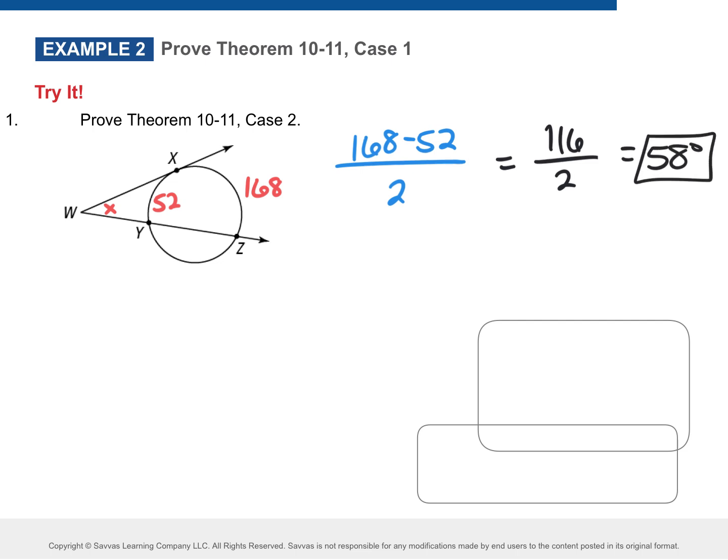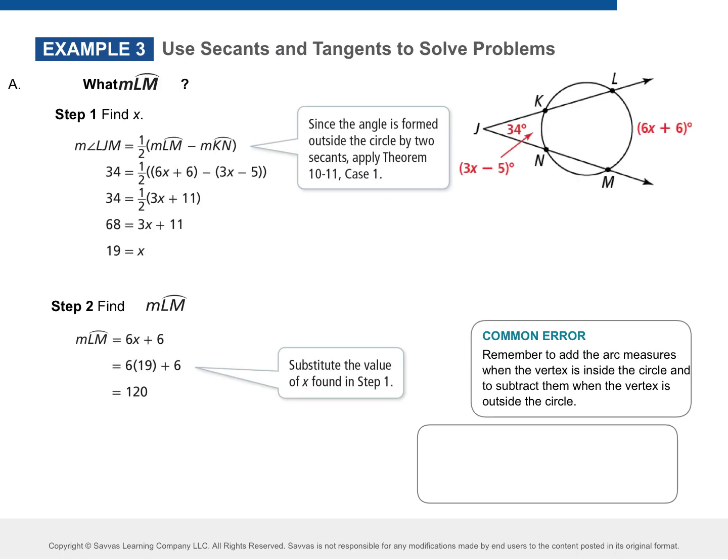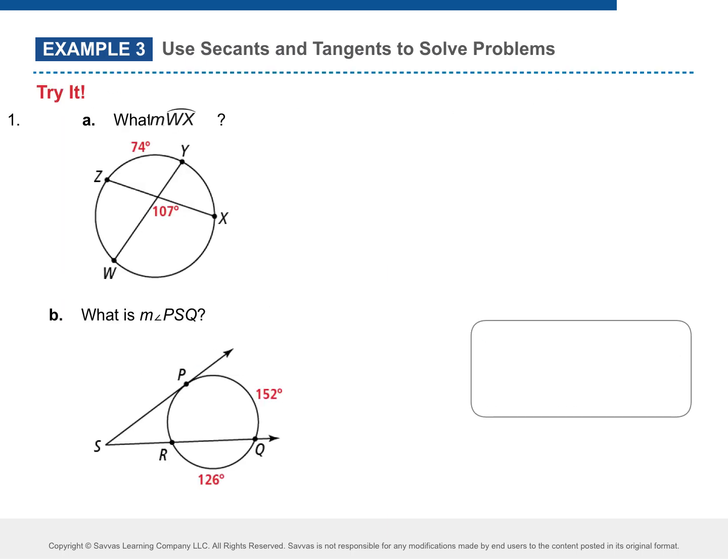Okay, go ahead and try example 3, A and B on your own. On example A, I'll give you a little hint here. You might have to use the equation I provided you on example 1 and fill in what you know. All right, on example 3A, the formula I gave you, it's used to find this angle on the inside, yes?